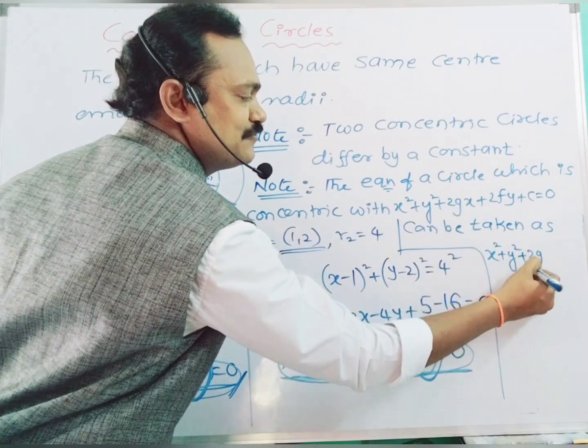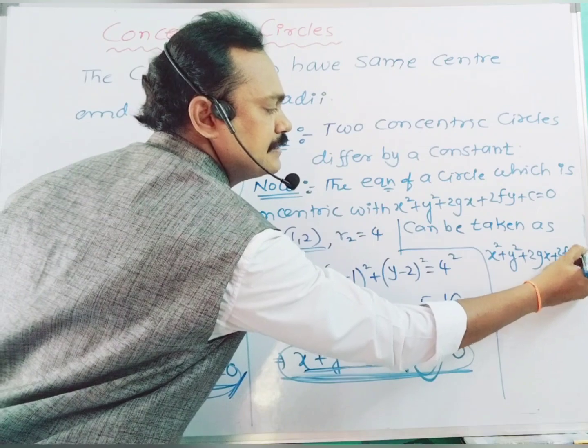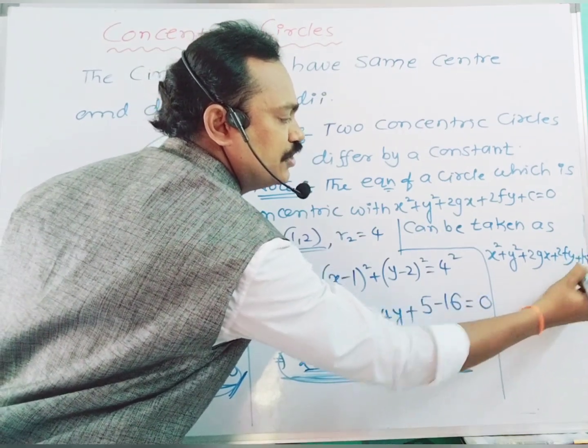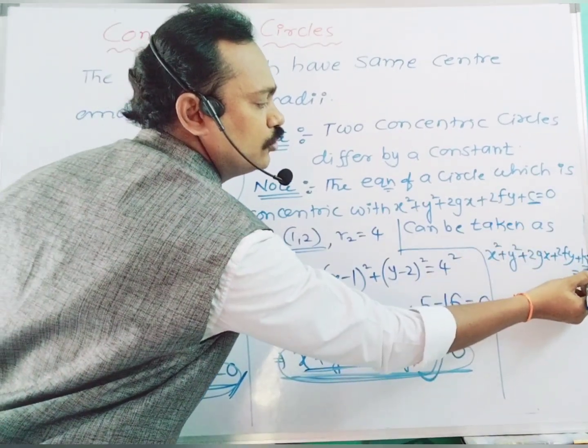First four terms as it is, no? 2fy plus k equals to 0. Here observe, c and k both differ.